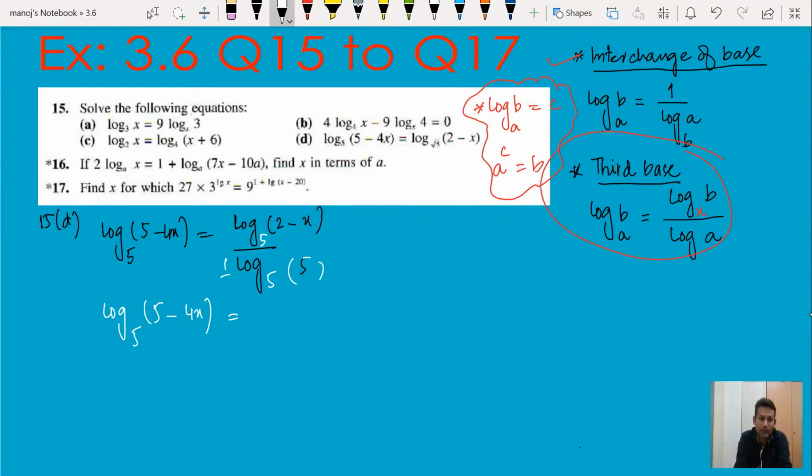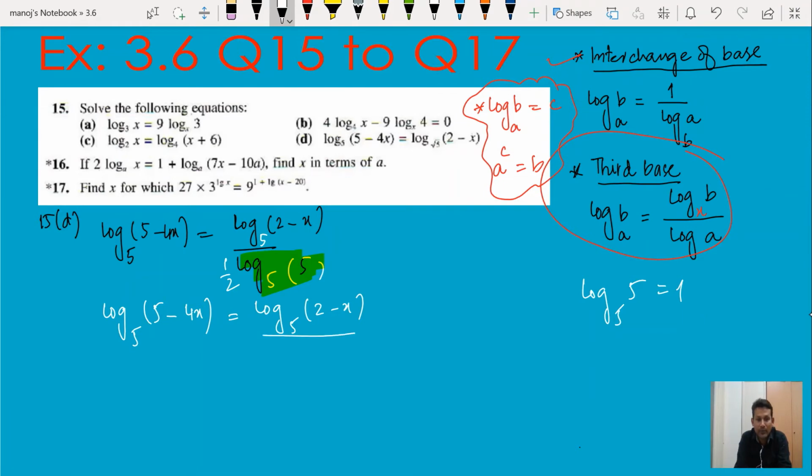I'm writing 1 upon 2, and log 5, please remember, log 5 is equal to 1. So this will become 1. This is 1. So we have only 1 upon 2.